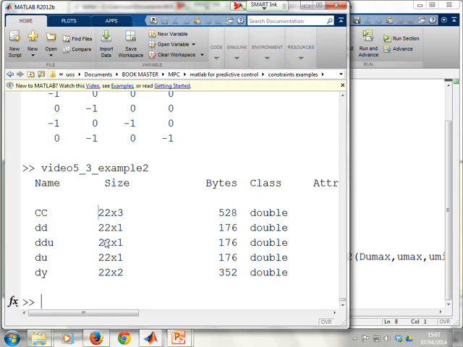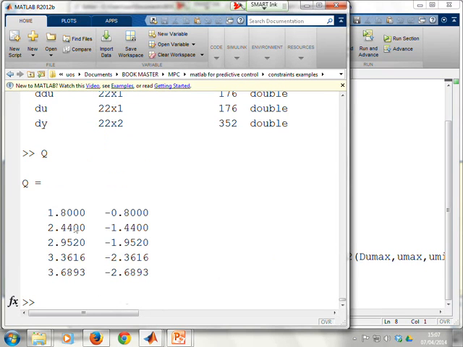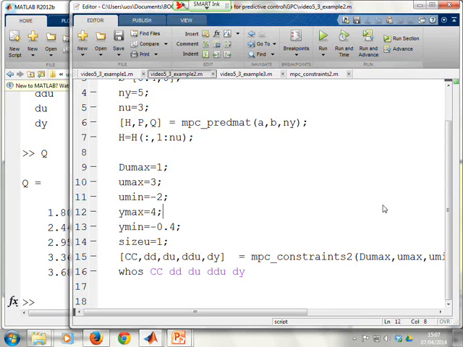DDU, 22 by 1, because there's just 1 input. DU, 22 by 1, because there's just 1 past input. But you'll notice DY is 22 by 2, and the reason for that is if you look at Q, the prediction matrix, you notice that Q had 2 columns, and therefore DY has 2 columns.